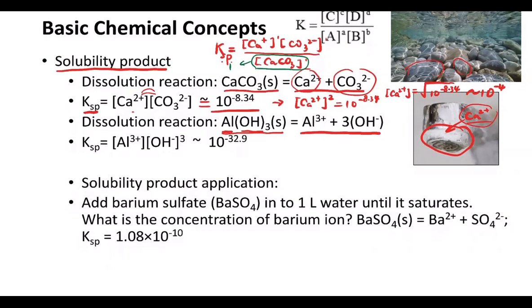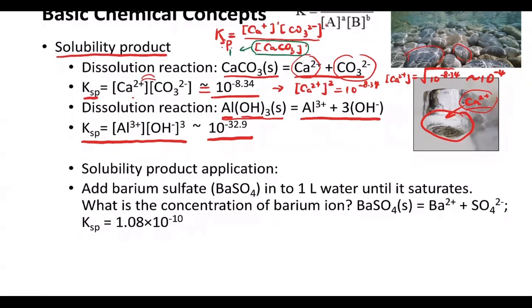So the KSP is equal to the aluminum concentration multiplied by the OH concentration to the power 3, right? It turns out that this solubility product is an extremely low value, 10 to the negative 32.9, okay? So by using this concept, we can also calculate the concentration of the aluminum and the concentration of the hydroxide, all right?